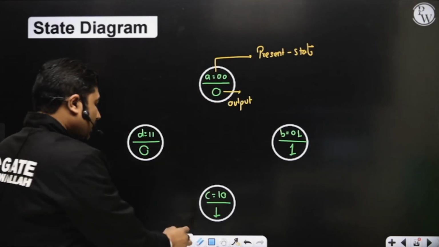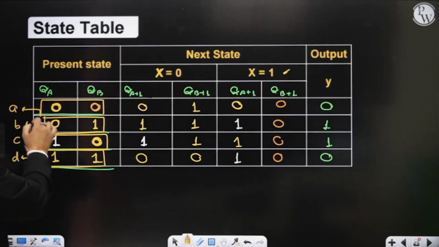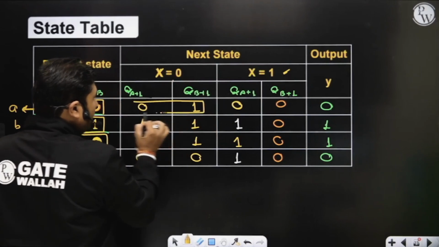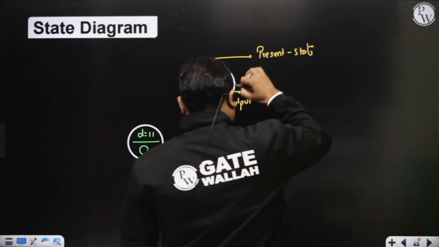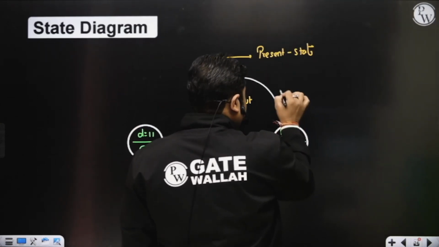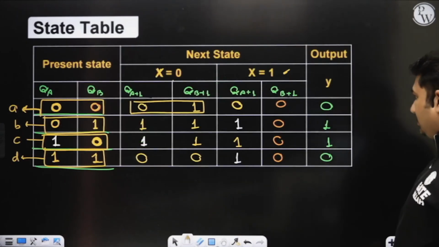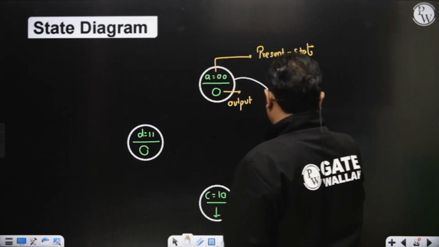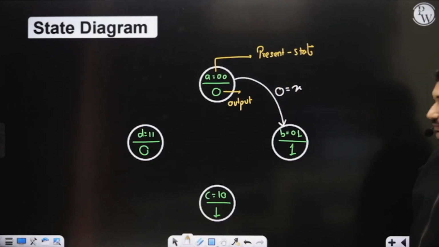Great. Now we have to represent the input. If the present state is a, then with input x equal to 0, what is your next state? 0, 1 is your state b. So with input x equal to 0, we go to the next state 0, 1, output 1.